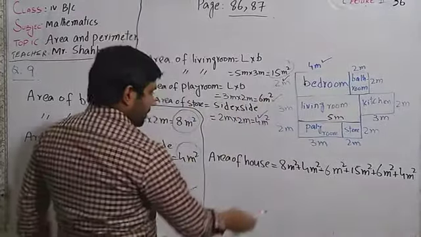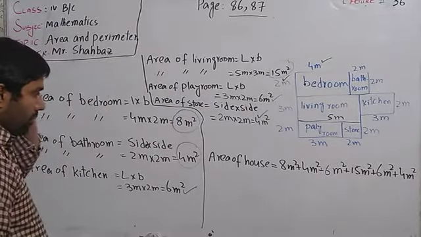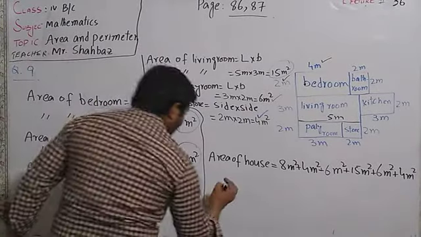These are 6 rooms, 1 2 3 4 5 6 rooms. These are the areas of 6 rooms. Now we have to find the area of house.